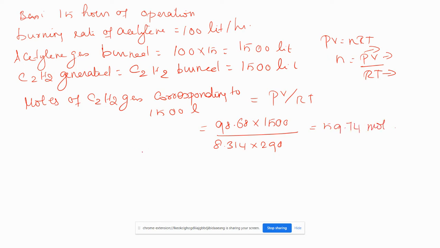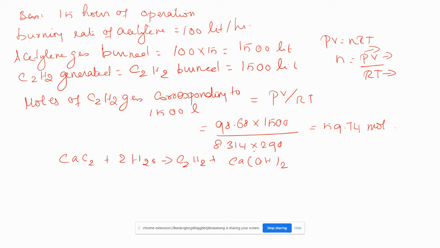So this is the number of moles of C2H2. Now the reaction we have is CaC2 plus 2H2O gives C2H2 plus Ca(OH)2.